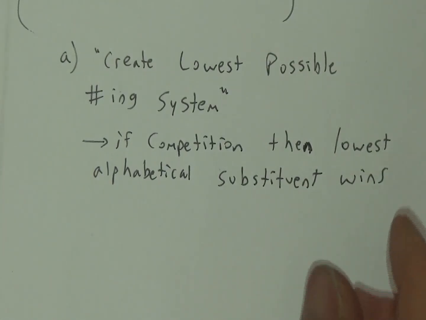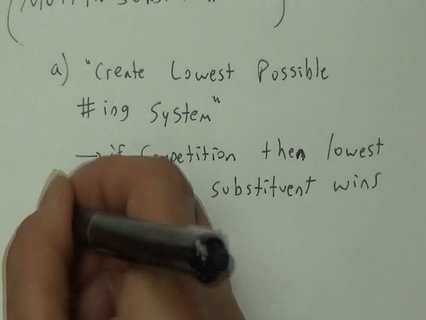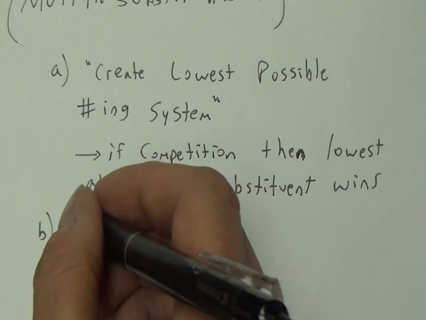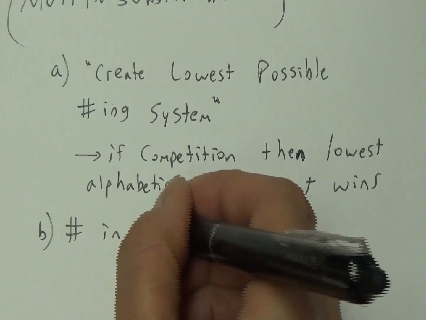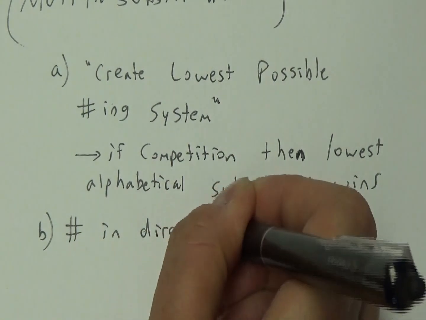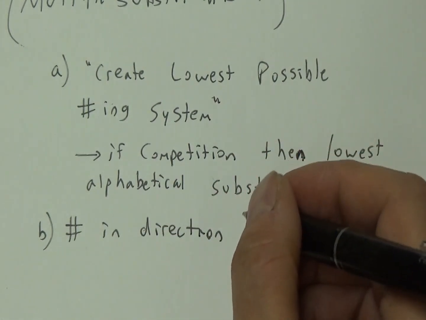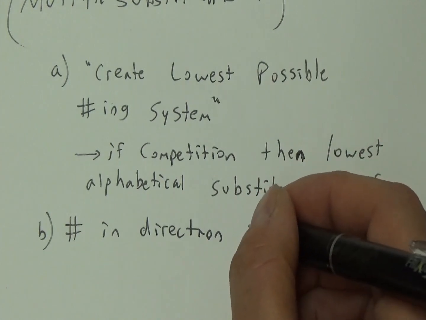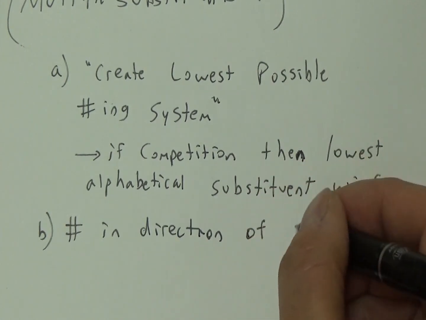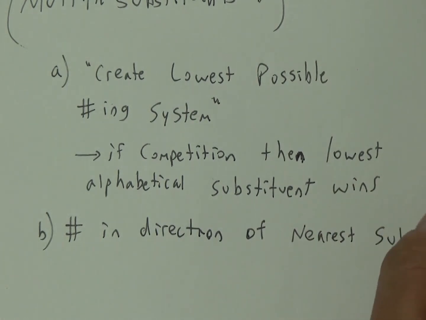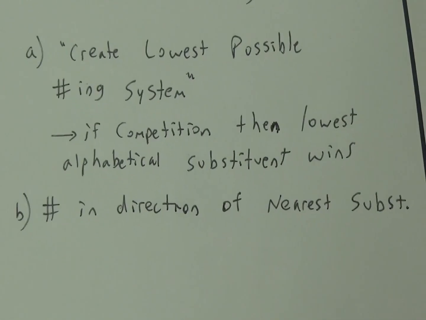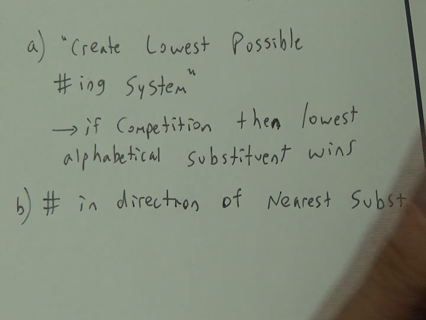All right. So B is we number in the direction of the nearest substituent.